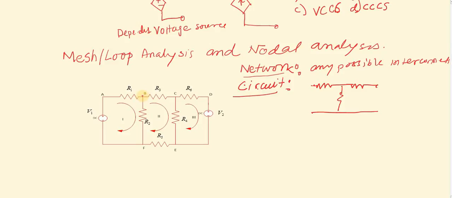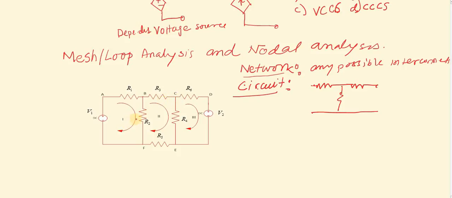For this case, this is also a node. But A and D are not nodes, because this branch and this branch are actually the same branch. So A and D are not nodes. B and C are nodes.